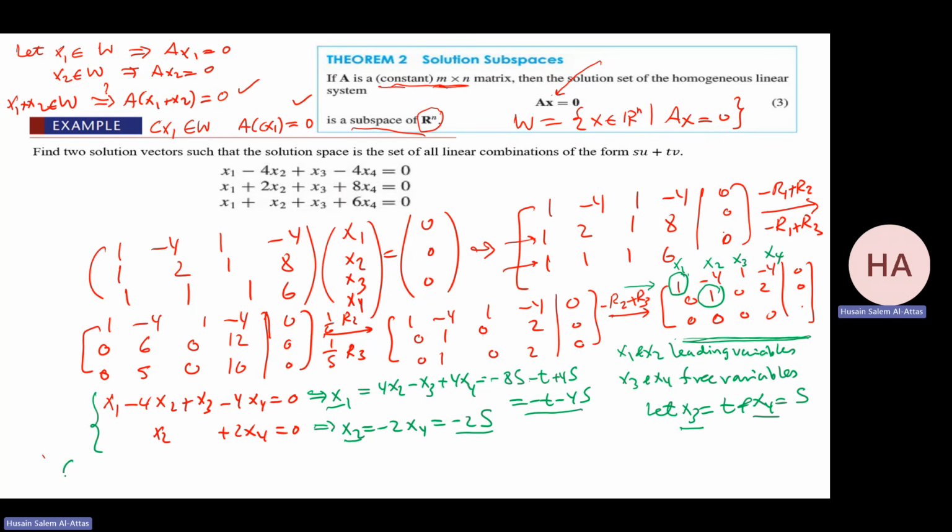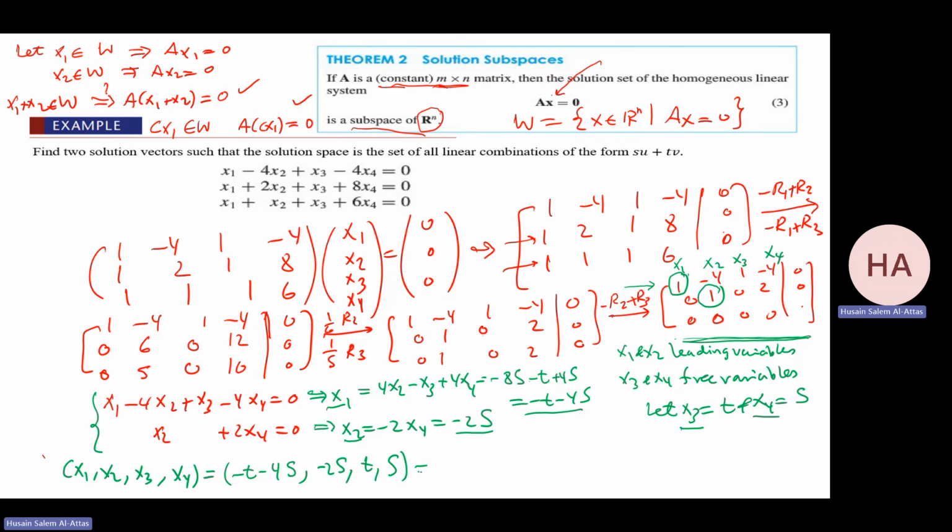So now if I write the solution, x1, x2, x3, x4, what will I get? x1 is minus t minus 4s. x2 is minus 2s. x3 is t. x4 is s.